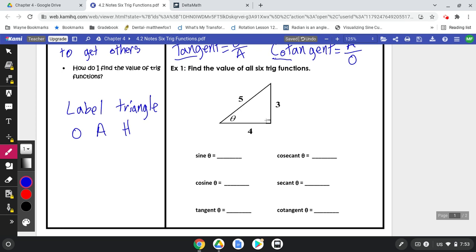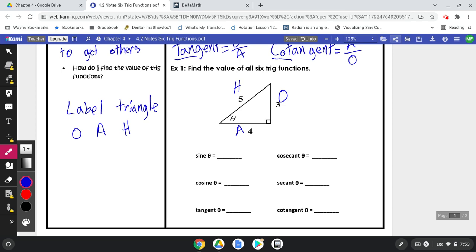Once again, H is the easiest in my opinion. Just go to the right angle, go across, or opposite. So 5 in this case is the hypotenuse. Also remember, the hypotenuse is always the biggest side. So 5 is clearly bigger than 4 and 3. We know it has to be the hypotenuse. So that's our H. Now right next to theta is adjacent, so 4 is A, and then opposite, so 3 is O.